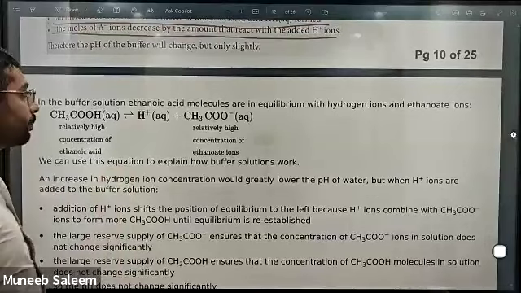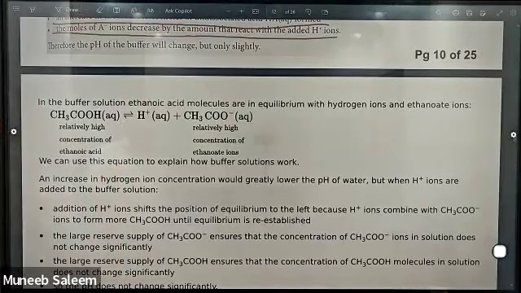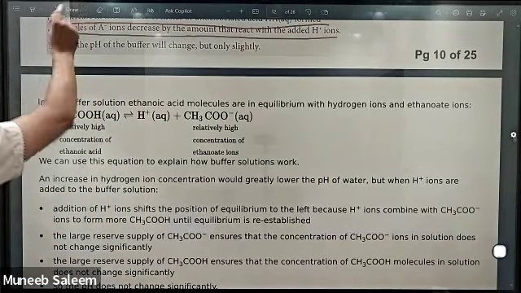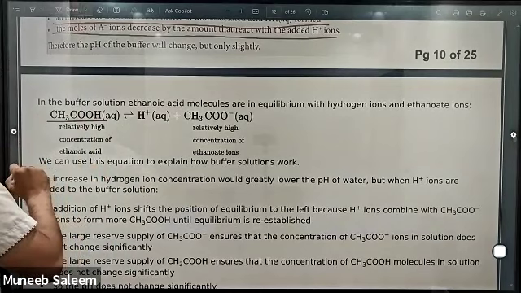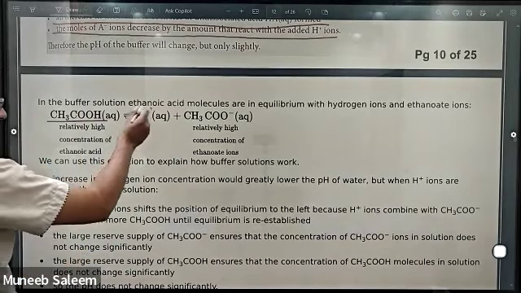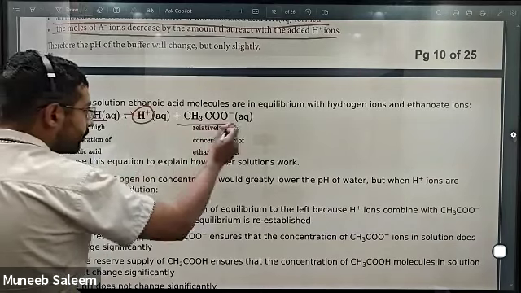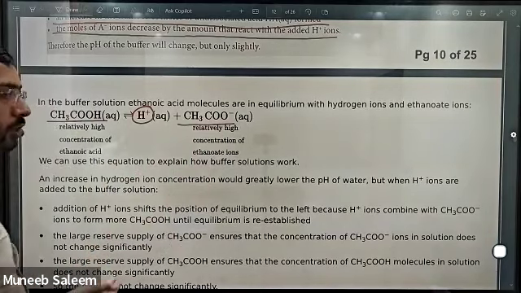Now there is one particular example of this. This information is taken from another resource book. It says that if you have a weak acid, ethanoic acid, it will split into hydrogen ions and ethanoate ions. This is the dissociation of a weak acid.